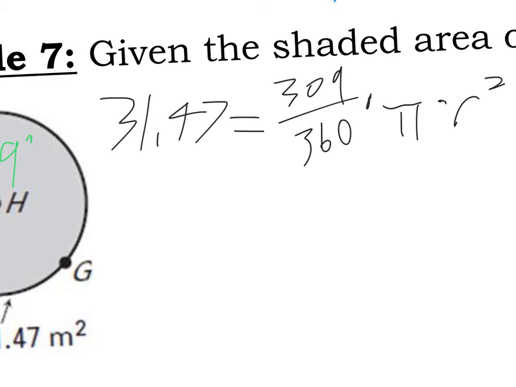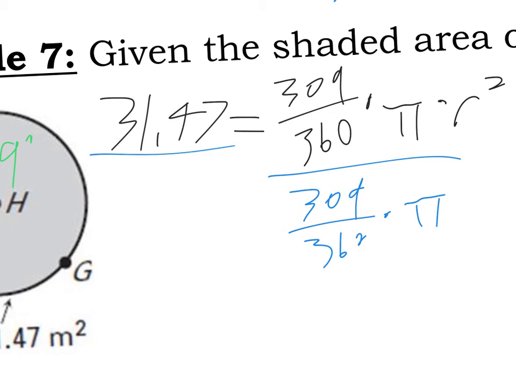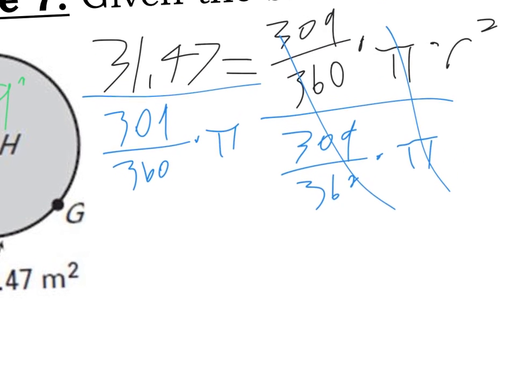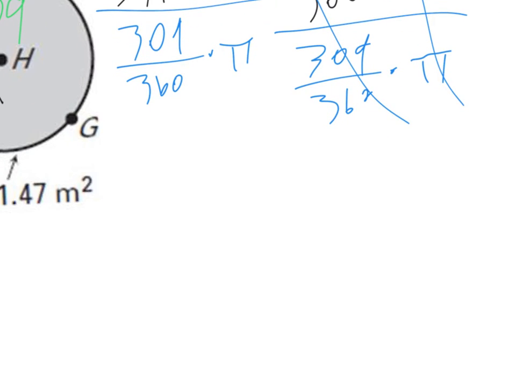So let's divide out what we do know. I do know 309 over 360 times pi makes some number. So 309 over 360 times pi. Cancel that out, that leaves me with r squared. So you could type this into your calculator now. Don't round it though.